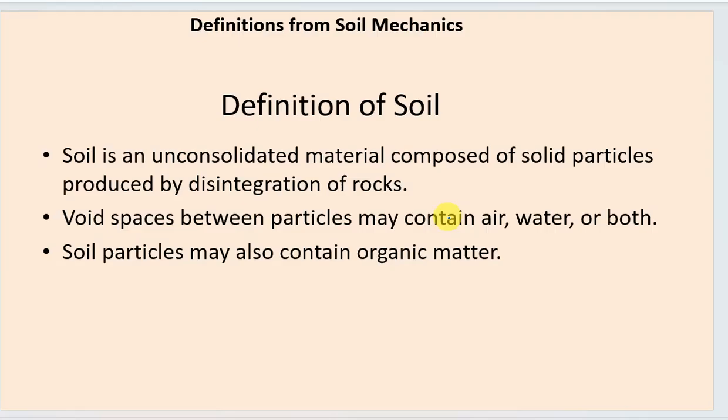Between these particles there are spaces called void spaces, or simply we can say voids. These voids may contain air, may contain water, or it may contain both, depending upon the environmental conditions. In some cases, soil may also contain organic matter.